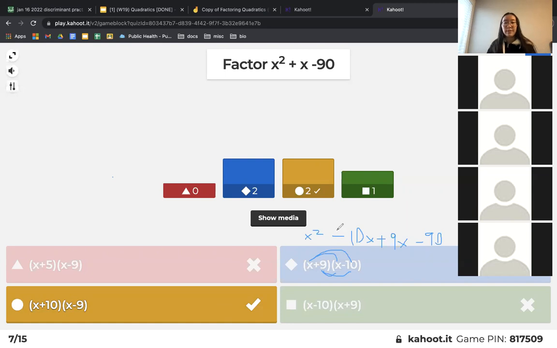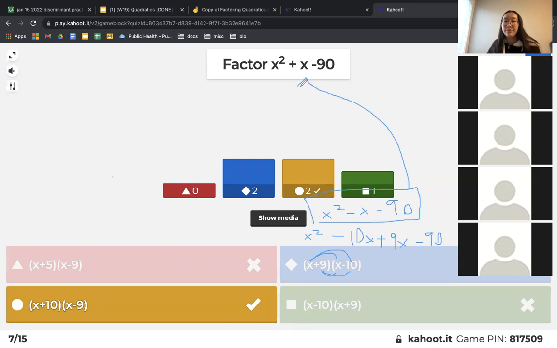Okay, and then the two terms in the center, you can combine them. So negative 10x plus 9x is negative x, minus 90. All right, so now this blue square equals x squared minus x minus 90.